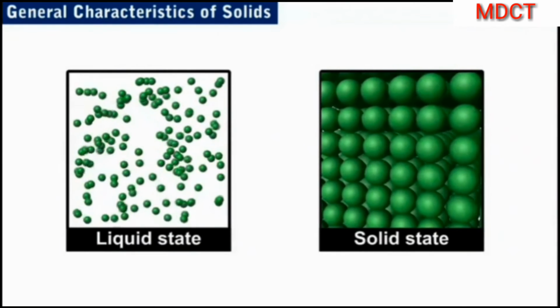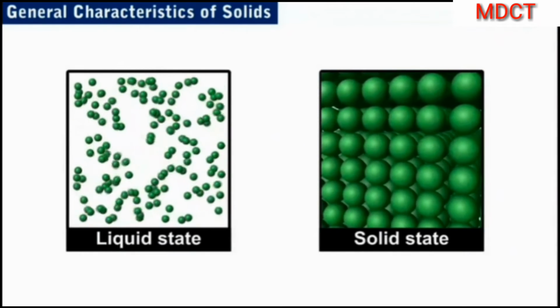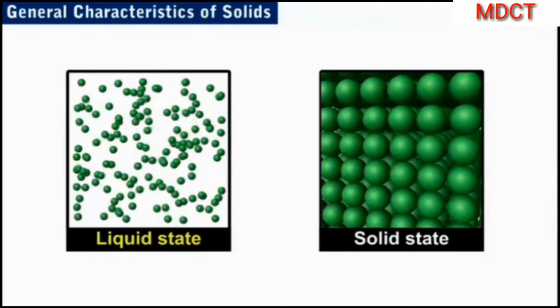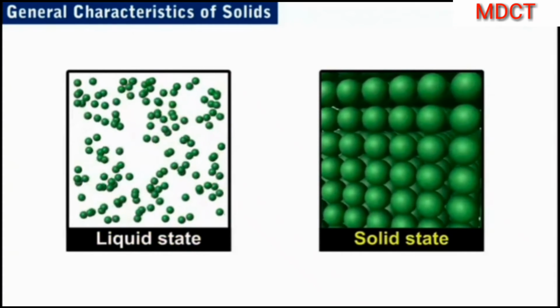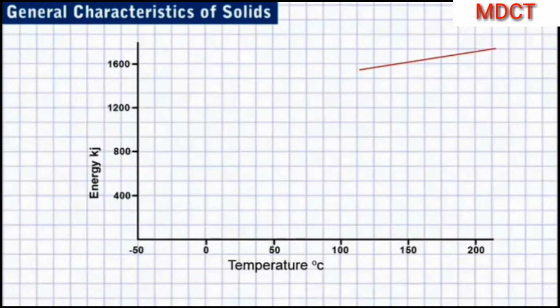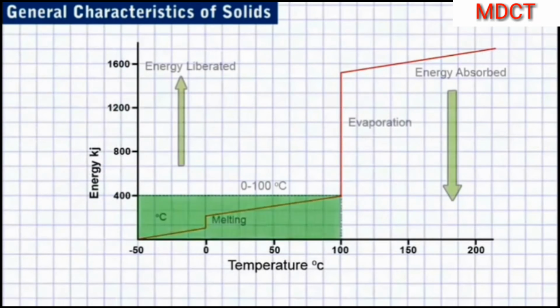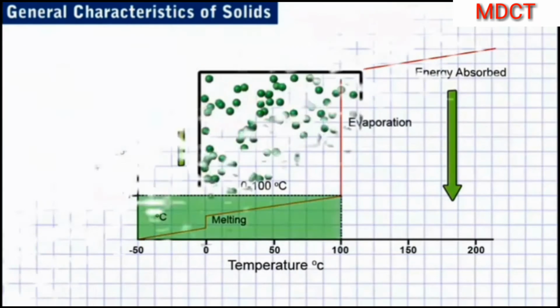Let us explore how the molecules of water in liquid state attain the molecular arrangement of water in solid state. On cooling, the potential energy of the liquid molecules is released in the form of thermal energy.